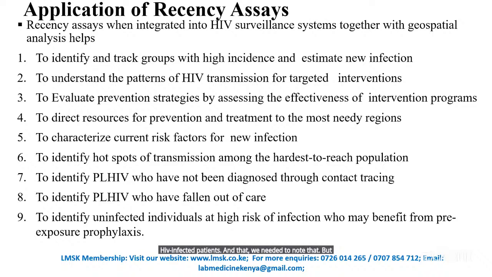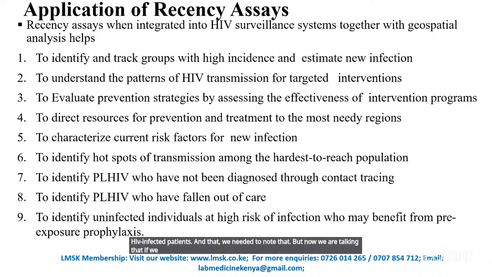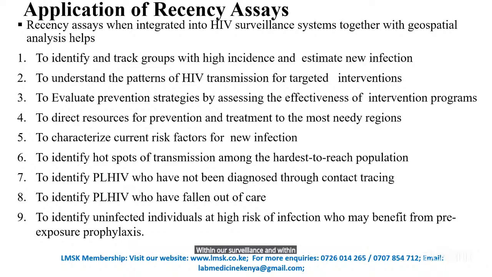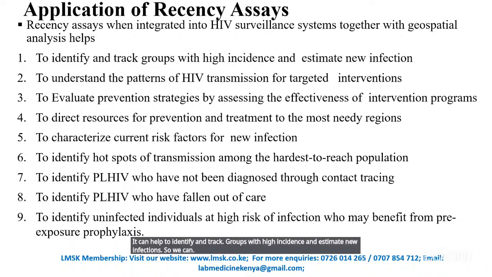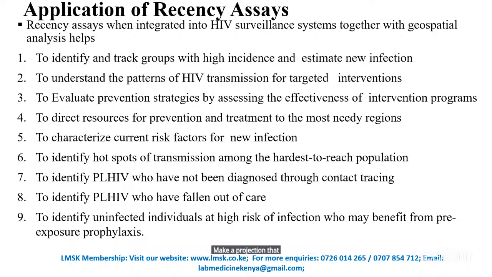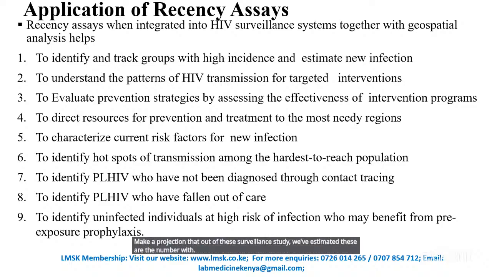But now we are saying that if we can have the recency assays integrated within our surveillance and within our area of studies in HIV intervention, it can help to identify and track groups with high incidence and estimate new infections. So we can make a projection that out of this surveillance study, we've estimated this number with new infection.